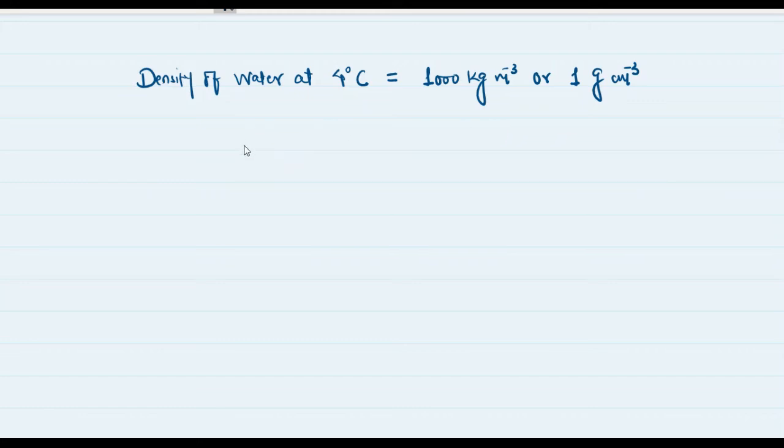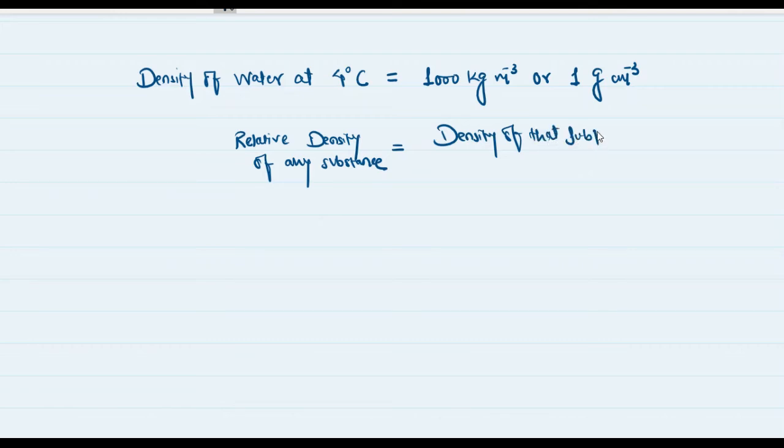Because relative density of any substance, let me write the whole thing, relative density of any substance is equal to density of that substance upon density of water. That is the formula for relative density of any substance.